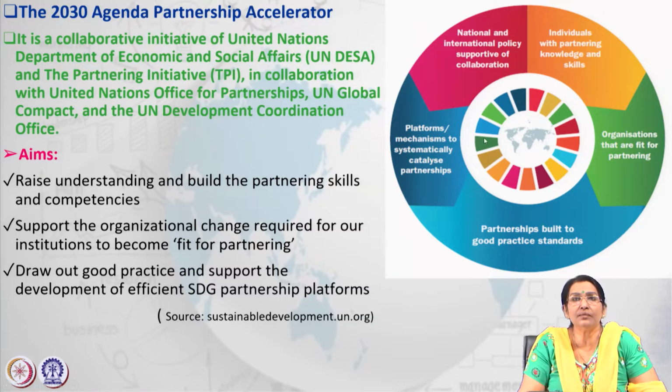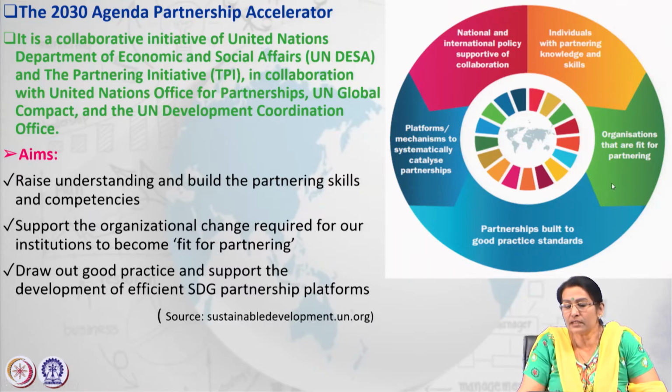So, as you can see from this image, this framework, this is the UNESCO framework. First thing is individuals with partnering knowledge and skills, according to different domains, knowledge, skills, competencies, like maybe trade, finance, technology. The individuals will partner with similar knowledge and skills first in one domain.